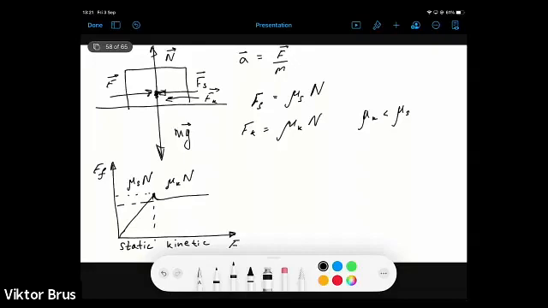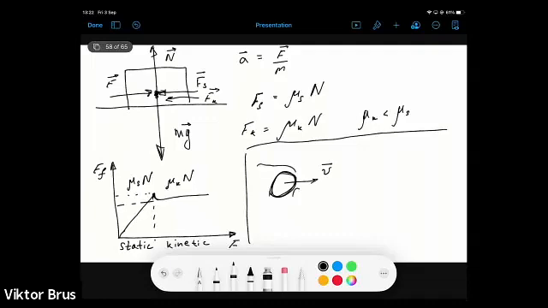Now we need to introduce another important force, also friction related, but it's called drag force. So imagine that you have some ball which is moving in water or in air, some environment which is in contact with the whole surface of this ball, and it has some velocity v, and of course it interacts somehow with this environment around, let's say with air.